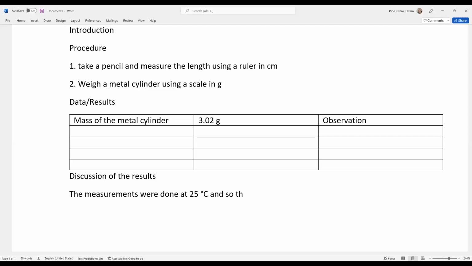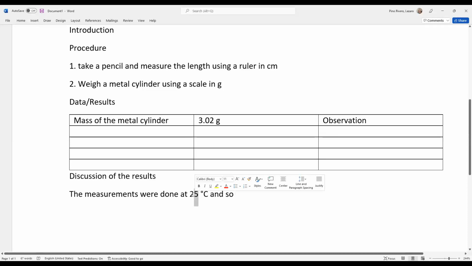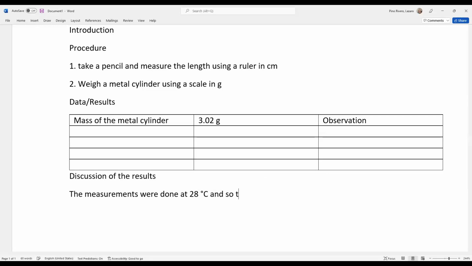I am trying to explain a way you can explain your results. Suppose that the temperature was not 25, was 28, and so the mass can be affected by the temperature.